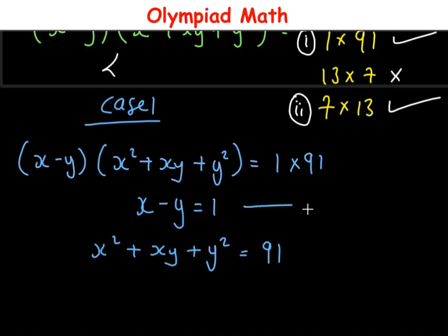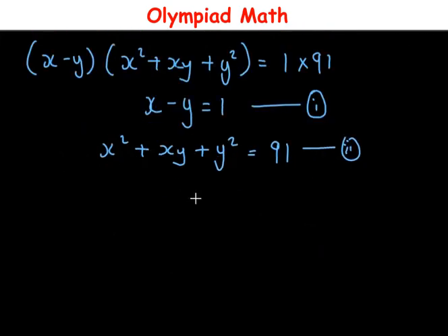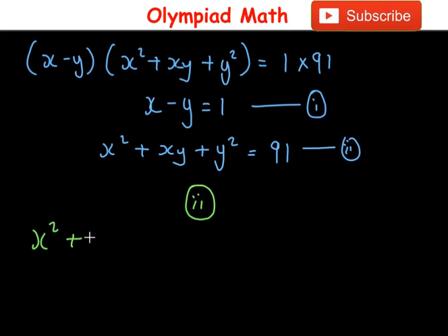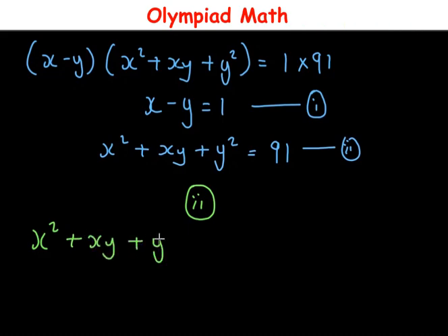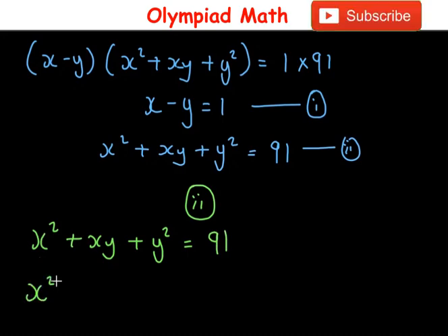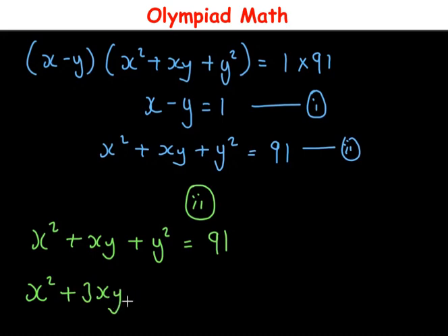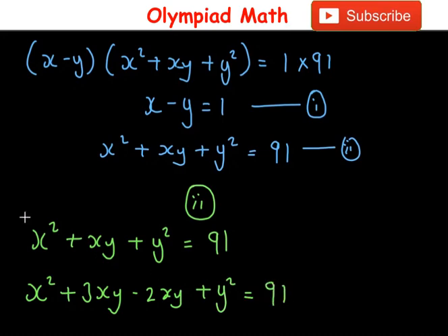We can write plus xy as plus 3xy minus 2xy, so x squared plus 3xy minus 2xy plus y squared equals 91.